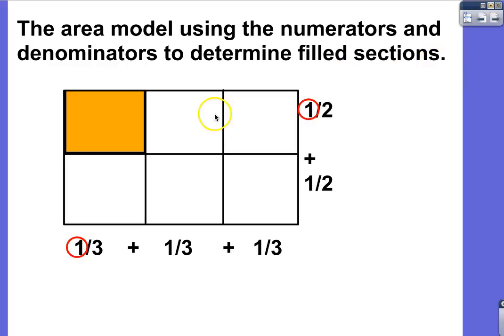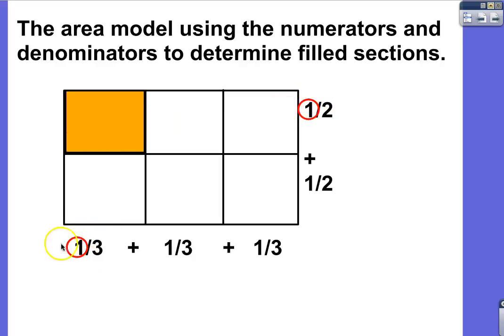Now, the area model using numerators and denominators to determine the filled section. Again, I have 1/3, 1/3, 1/3, and 1/2 and 1/2. So what I'm looking for is 1/3 times 1/2. Notice that I have the numerator circled. This tells me how many squares of the 1/2 section I'm going to shade in, and I'm only going to shade in one.